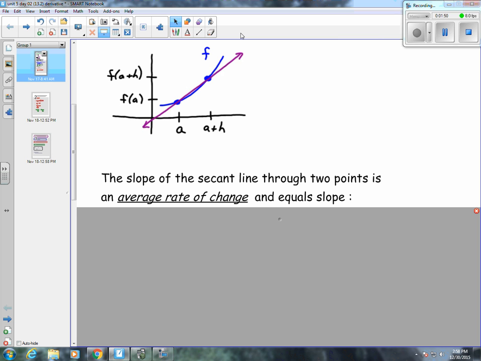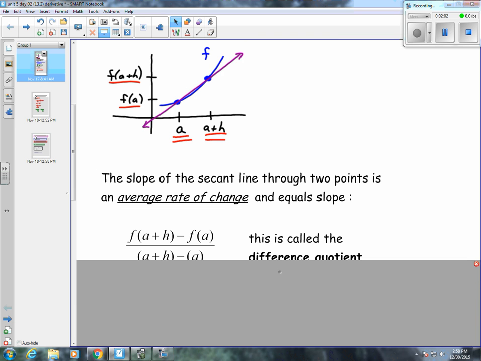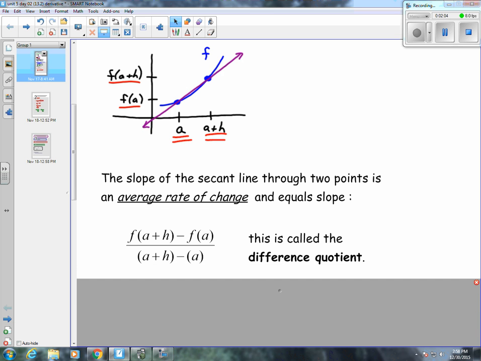And so what would the slope be? Well, the slope of a line, we learned in Algebra 1: the difference of the y's over the difference of the x's. My y values are here, and my x values are here. So let's go ahead and write that. f of a plus h minus f of a over a plus h minus a.